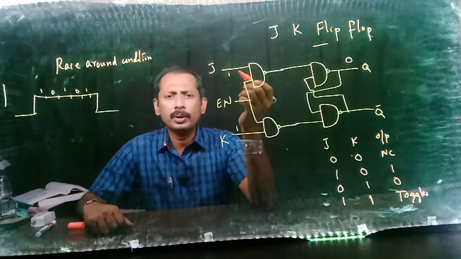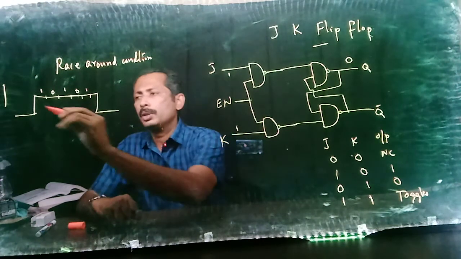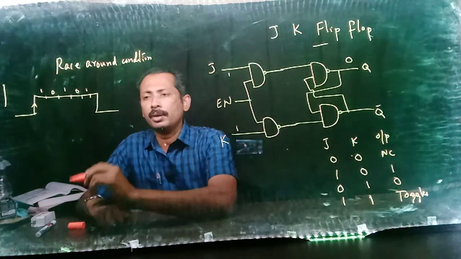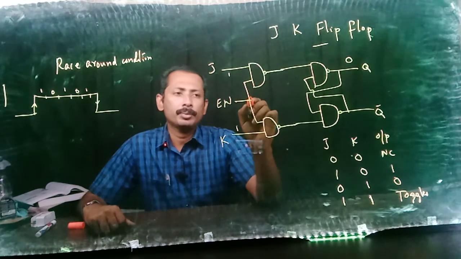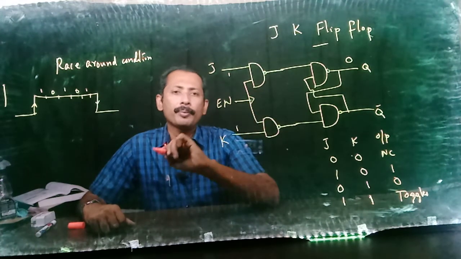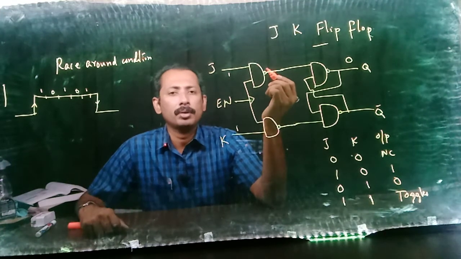In order to avoid this race around condition, the solution is that we can use an edge triggered flip-flop, either positive edge triggered or negative edge triggered. If I am using an edge triggered flip-flop of J and K type, then the problem is solved.